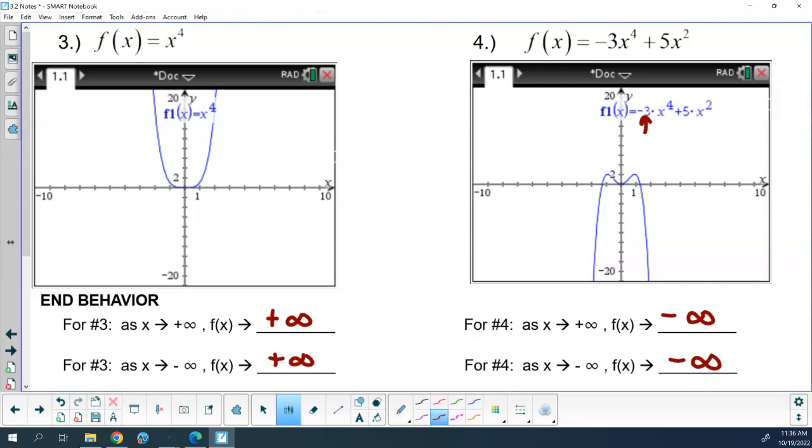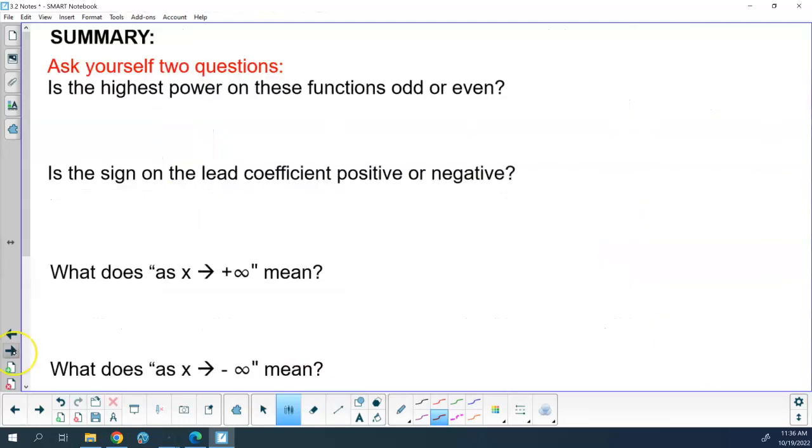So, to summarize, once again, I would never ask you for an exact graph of these things. I would ask you only for a sketch. But what I will ask you for is the end behavior, and you don't need the graph to tell you the end behavior. Is it easier?